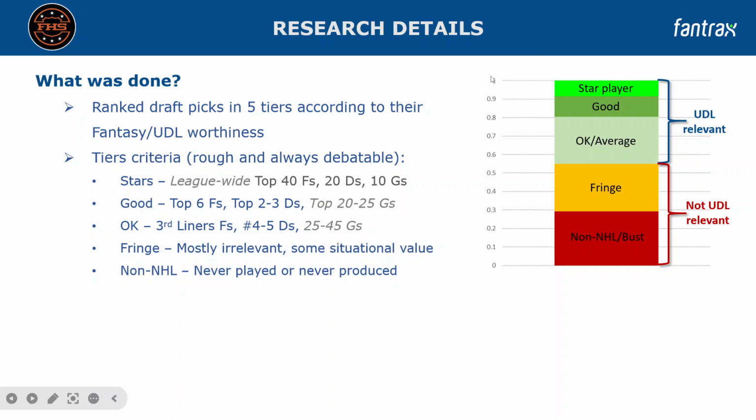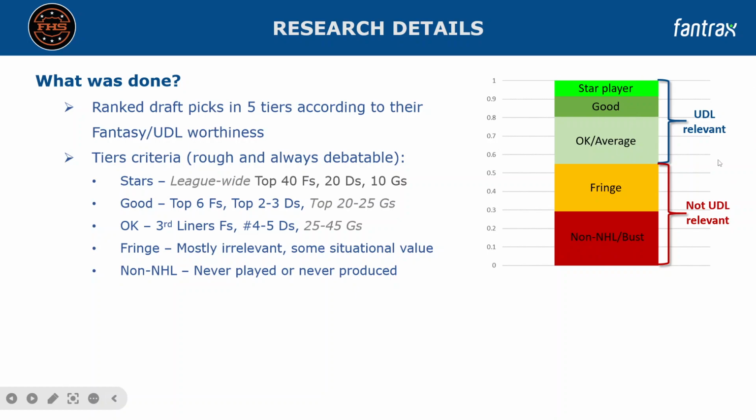So basically these are percentages. 8.6, I think, percent of our picks have become star players. 11% are good players. Then we have around 25 that are okay. And then these are fringe and non-NHL or busts.